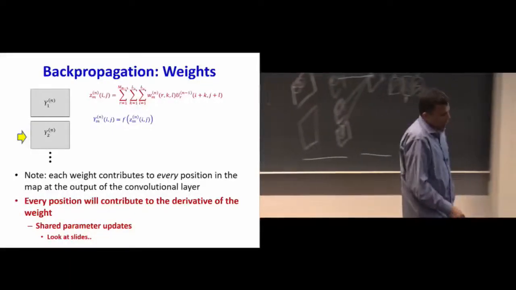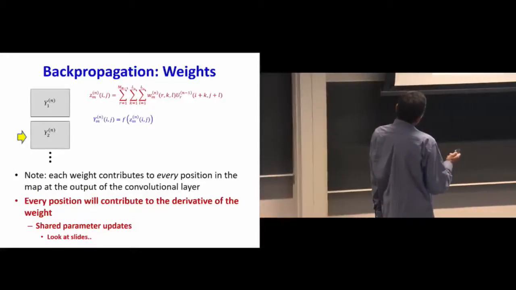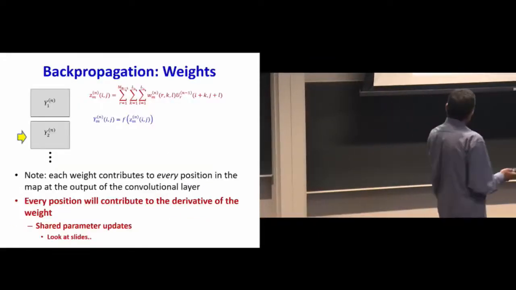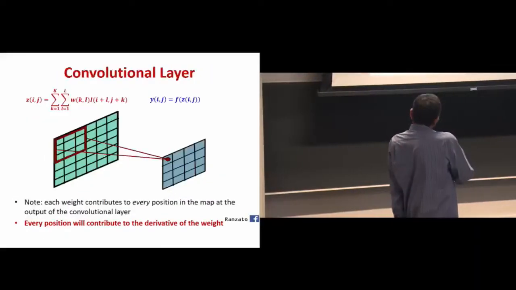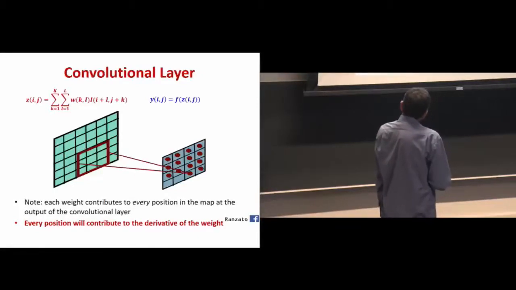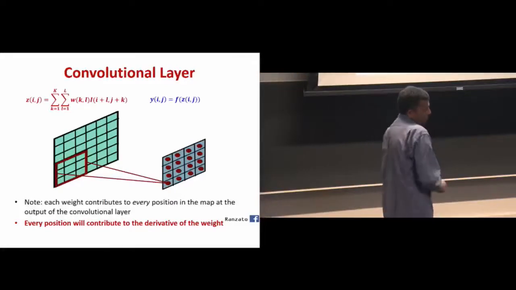So just to explain what I mean, think of this filter. Let's just look at the top left corner, right? What we are really doing is scanning. And when you're scanning, basically this guy at the corner is affecting every single output.